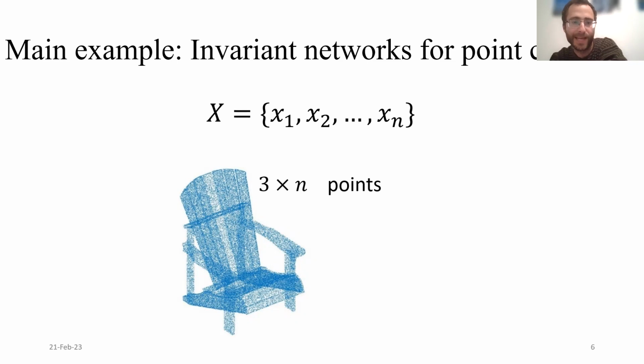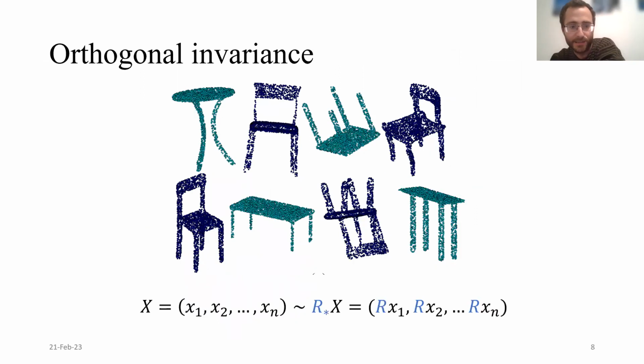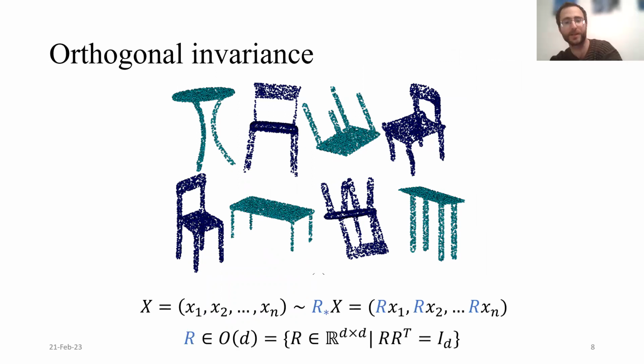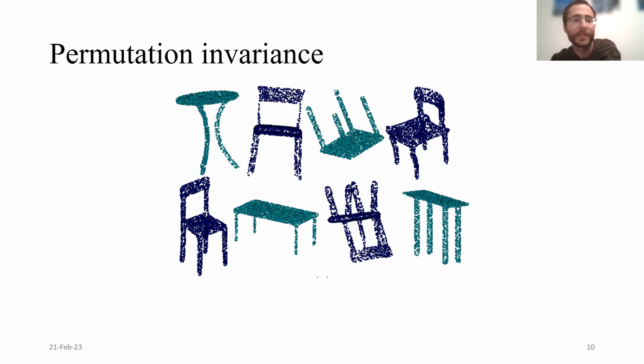So we have n points in R3. If you think of some task, let's say classification, it also has some symmetries like rotations. Sometimes we will think about orthogonal transformations where you're also allowed to reflect, or sometimes we don't allow reflections, so you have the special orthogonal group with rotations of determinant 1.